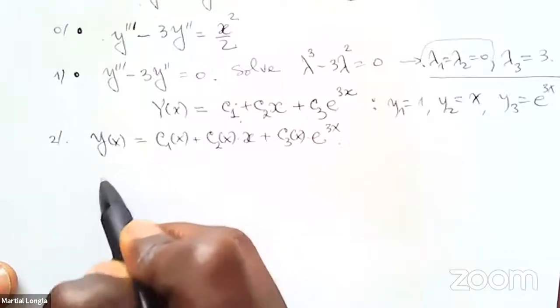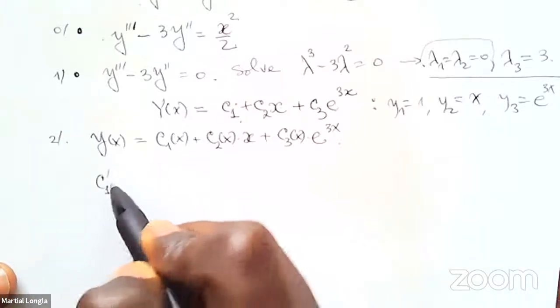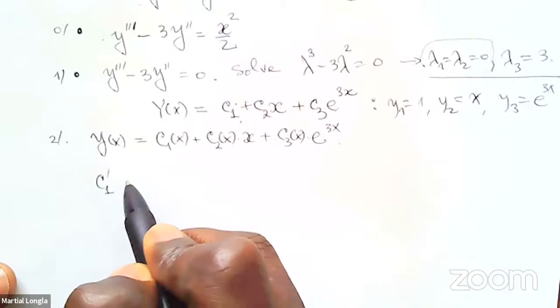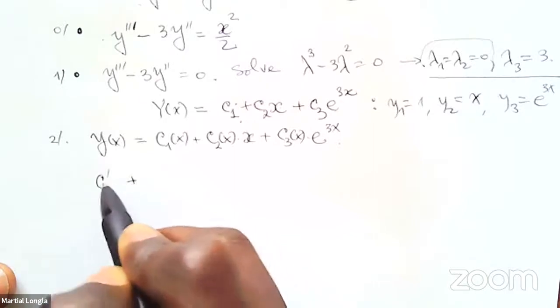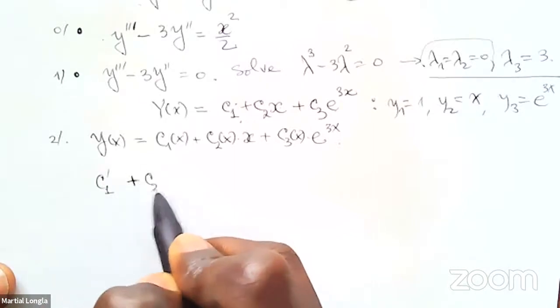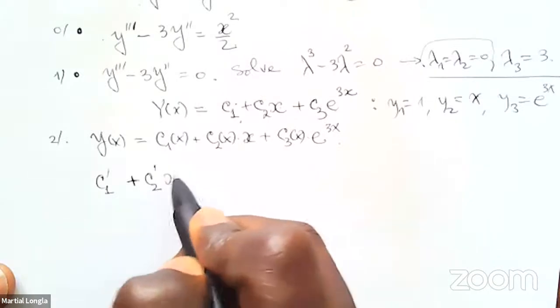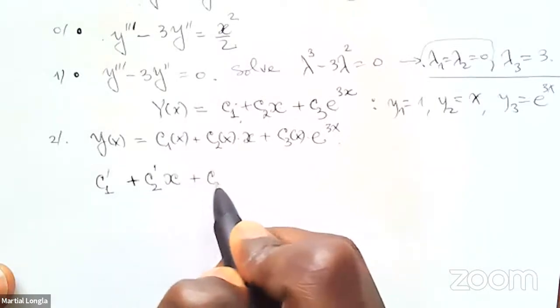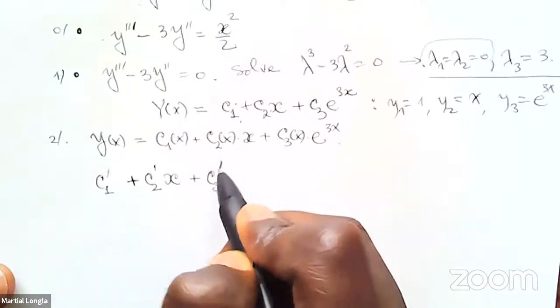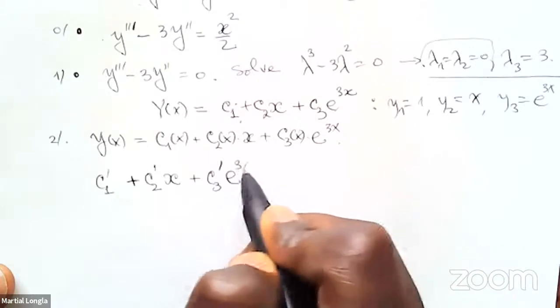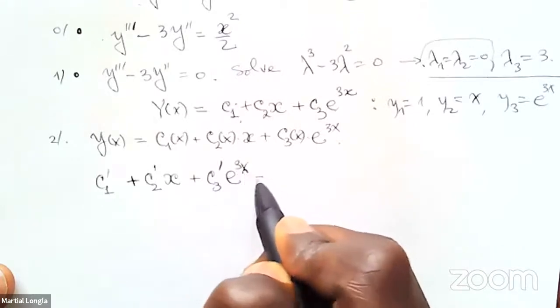So that system is going to be C1 prime times y1, which is 1, plus C2 prime times y2, which is x, plus C3 prime times y3, which is e to the 3x, equals 0.